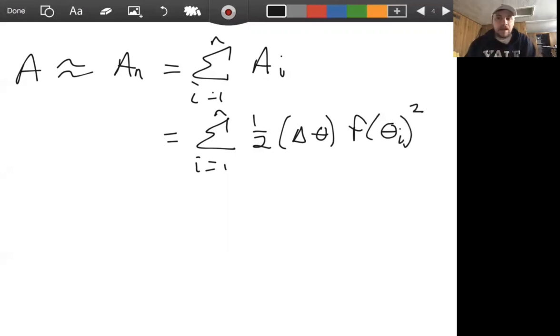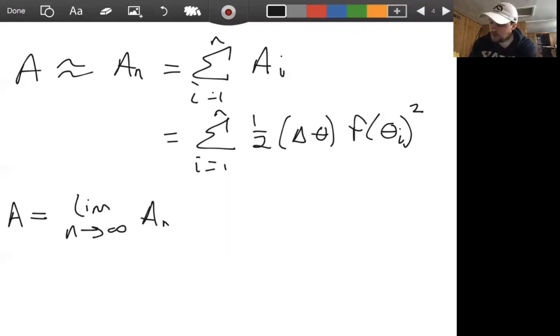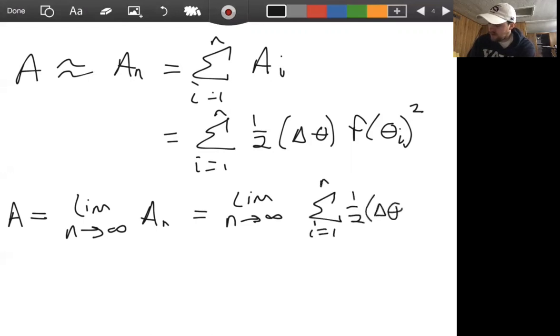Okay, and now to get an approximation to become exact, we need to take the limit as n goes to infinity. So now a is going to be exactly the limit as n goes to infinity of a sub n, and this is the limit as n goes to infinity, sum i equals 1 to n, 1/2 delta theta, f of theta i squared.